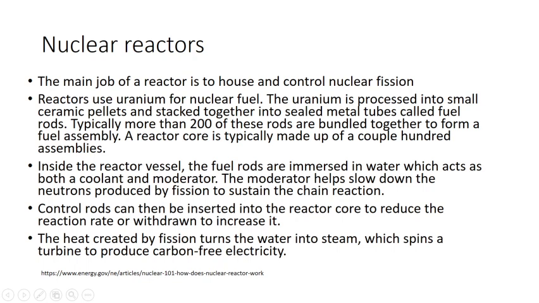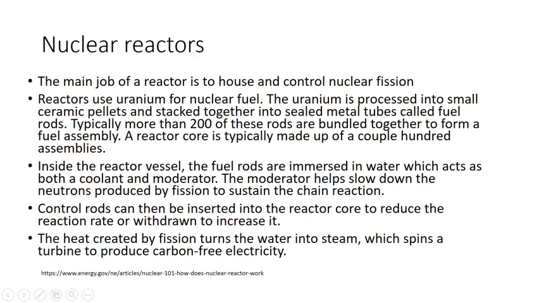It acts to both cool and slow down the nuclear process by slowing down the neutrons that are produced during fission. If you remember back earlier in this video, we said that during fission, neutrons are always produced. So it lets enough neutrons through to sustain the chain reaction, but not enough so that it runs away.